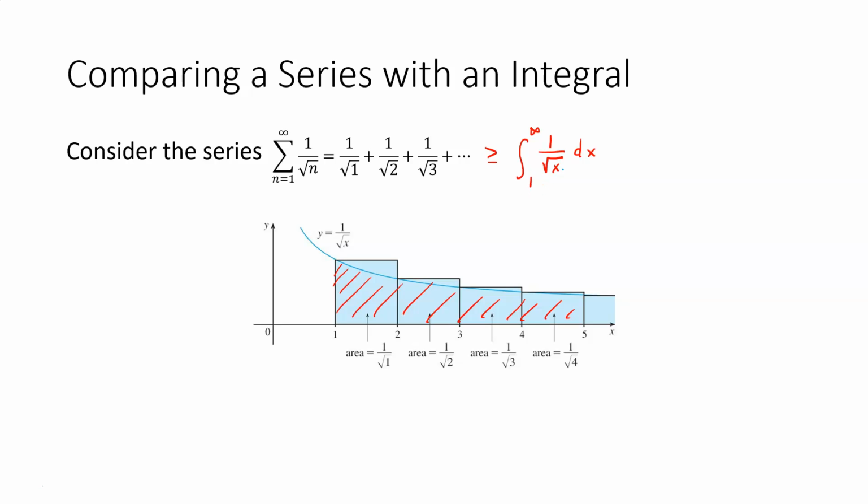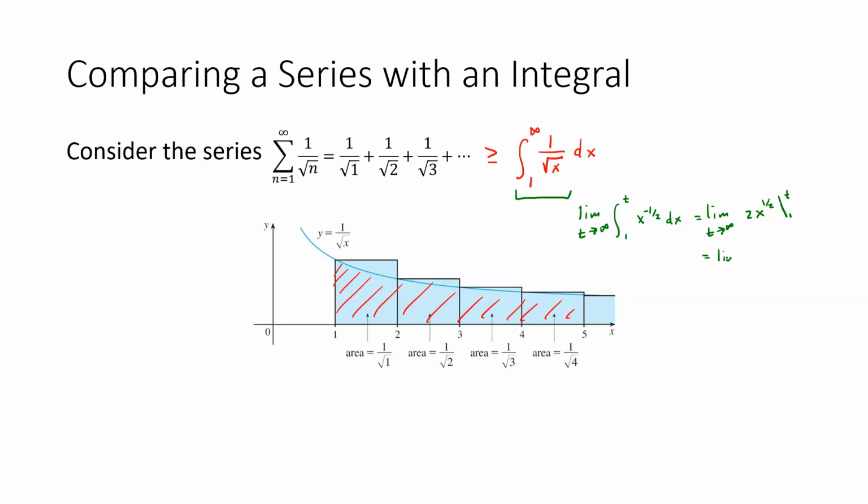Again, this is an integral that we can evaluate. We've done this one. We know that this is the limit as t goes to infinity of the integral from 1 to t of x to the negative 1/2 power, which evaluates to 2x to the positive 1/2 power.